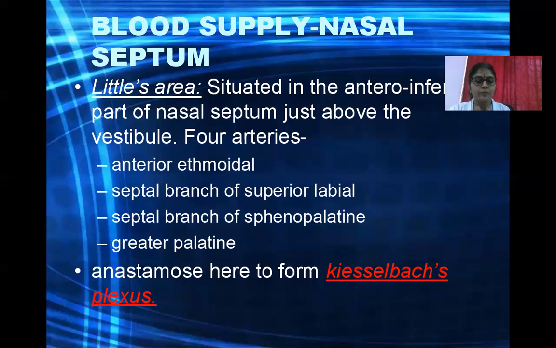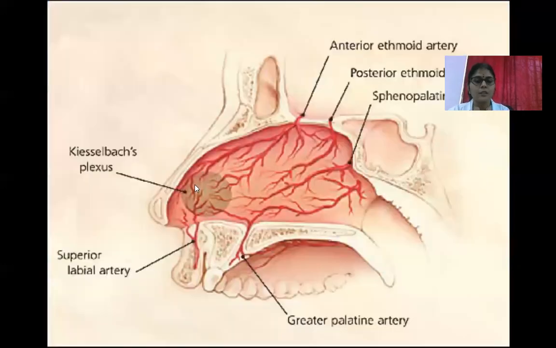This is the area of Kesselbach's plexus, in the anteroinferior part of the nasal septum, just behind the vestibular region. You can see the superior labial artery anastomosing with the greater palatine, sphenopalatine septal branch, and anterior ethmoidal. The posterior ethmoidal does not contribute to the formation of Kesselbach's plexus.